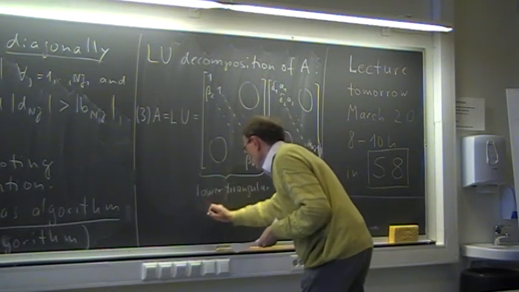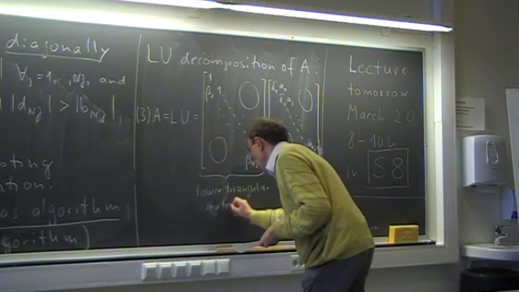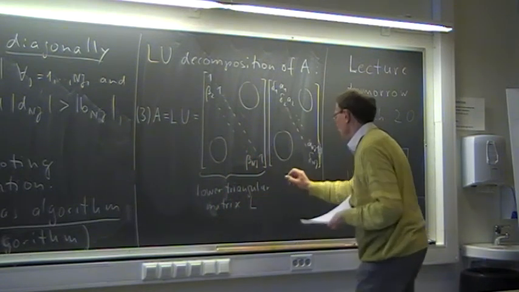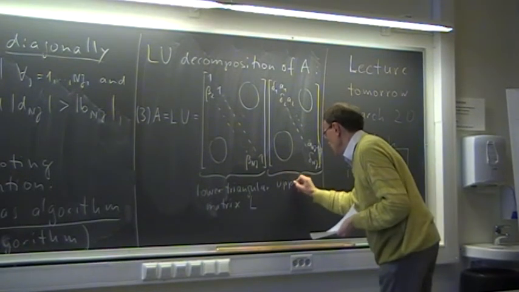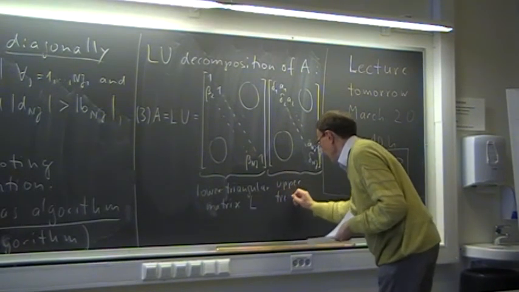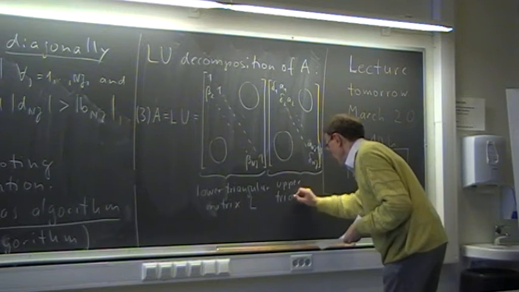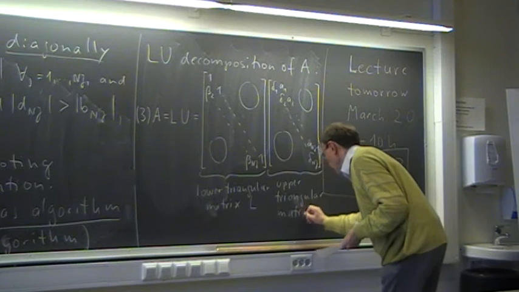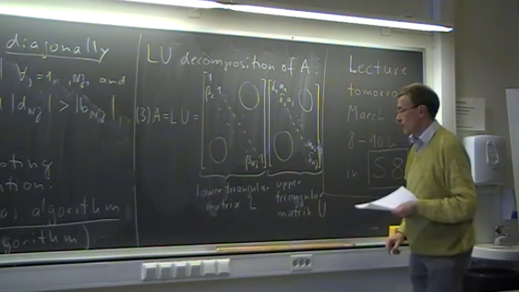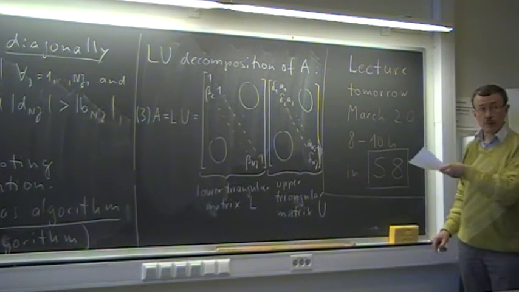That is the lower triangular matrix L, and this is the upper triangular matrix U. So that gives the name lower times upper.